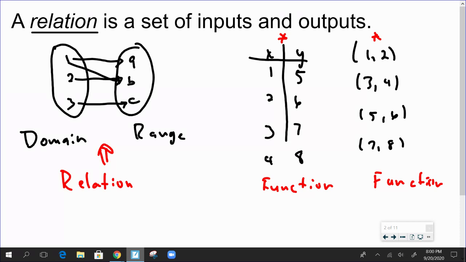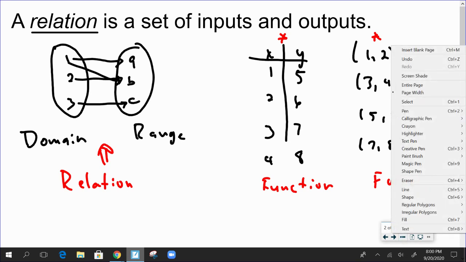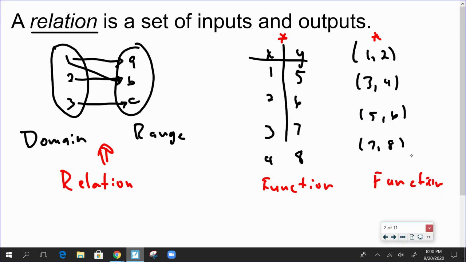So, like if I were to add a couple x values to either one of these two things, if I were to add 1, 6, or let's go 5, 8. Okay, 1, 6 is a bad choice because the 1 goes to both 5 and it would go to 6.